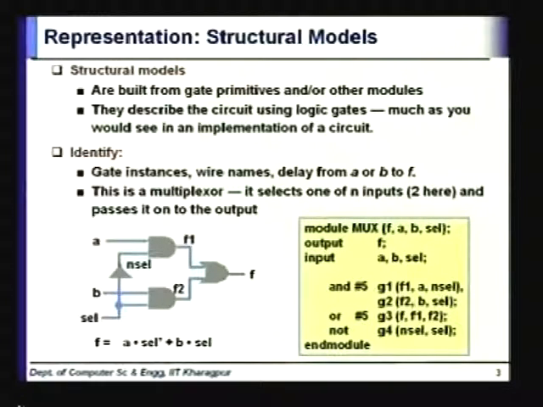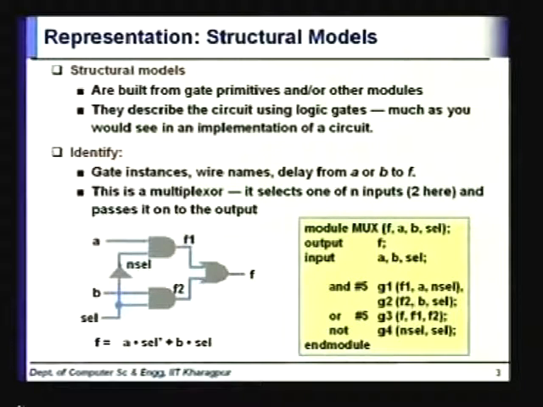So let us look at this example. This is an example of a multiplexer which has the output F, and we have the two inputs A and B between which it multiplexes, and ACL is the select line. These are the inputs and outputs, and then we declare the outputs, we declare the inputs, then we describe each gate.